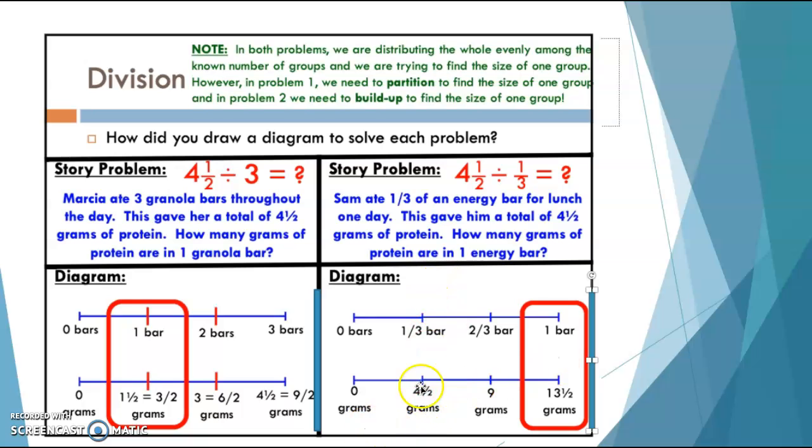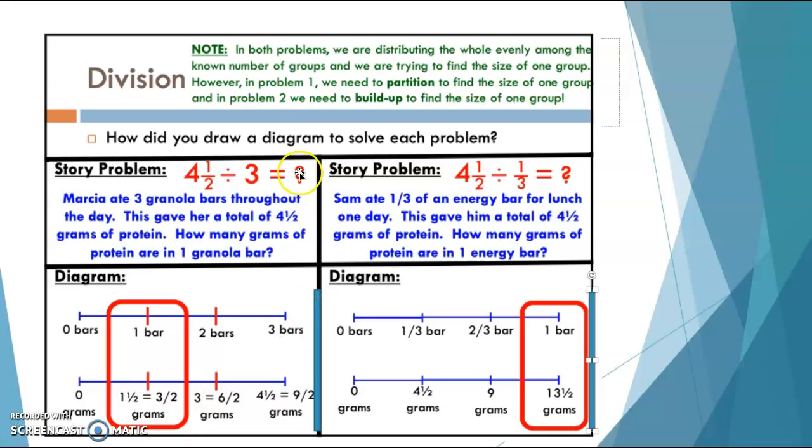If 1/3 is 4.5, then 2/3 is 9, and 1 bar is 13.5. 1, 2, 3. 4.5 times 2 is 9, 4.5 times 3 is 13.5. Okay.